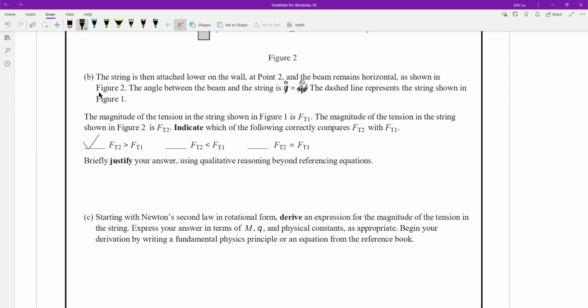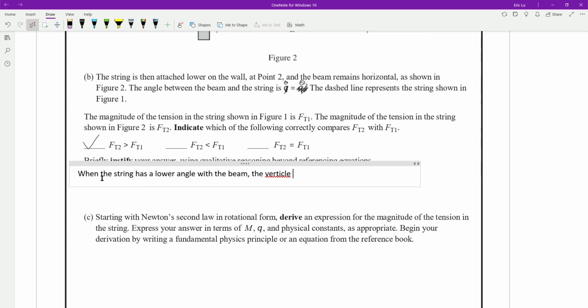The tension in T2 would be greater, and this is because when the string has a lower angle with the beam, the vertical component of the tension decreases.